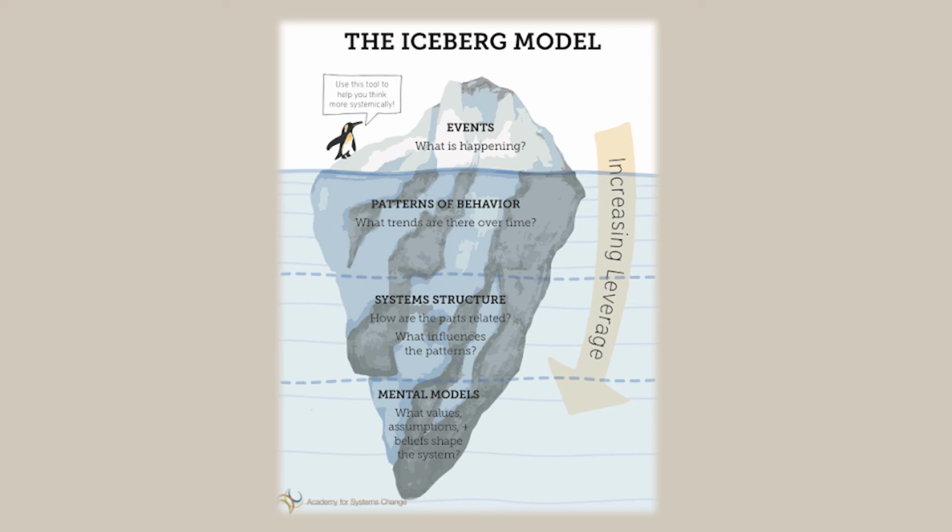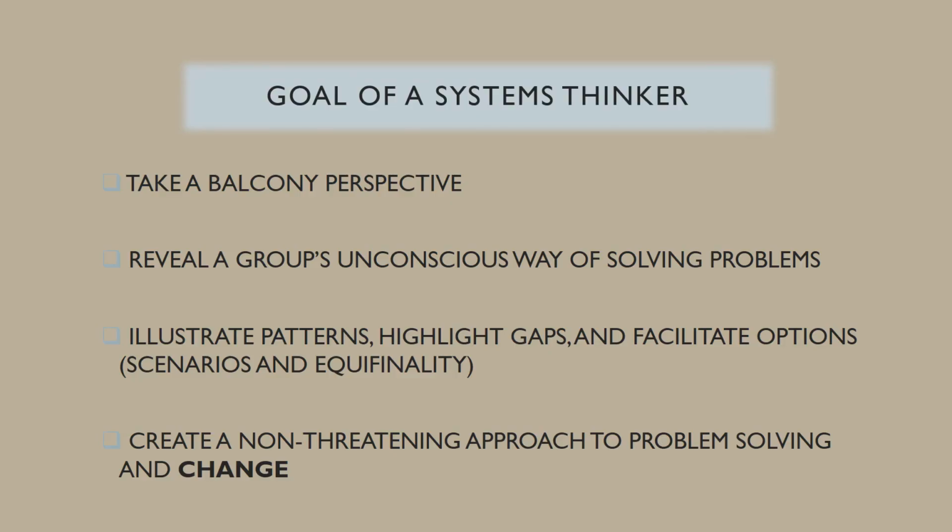We're trying to go beneath the surface to really uncover what's going on in the organization and not just solve a problem. So in brief, what is the goal of a systems thinker? Again, a systems thinker, as I mentioned earlier, takes a balcony perspective. They're able to take a different view, a high-level view, and look at the entire picture so that they can see exactly where the intervention should take place or where the change needs to be made.